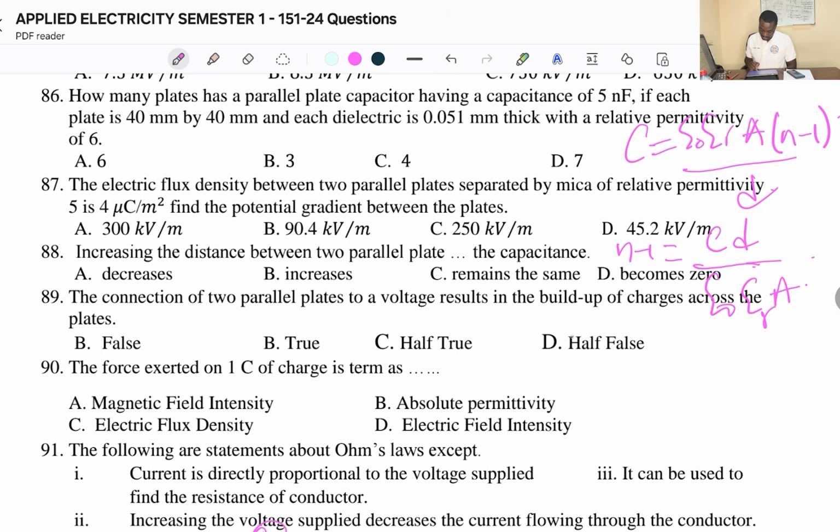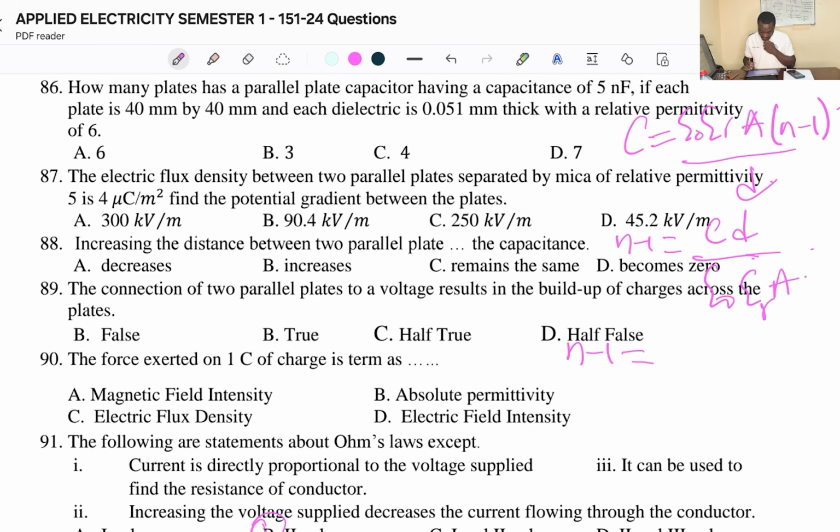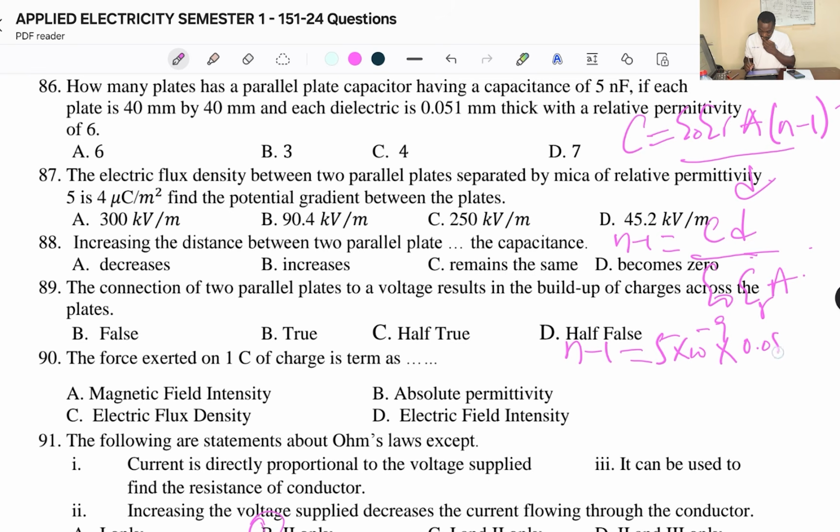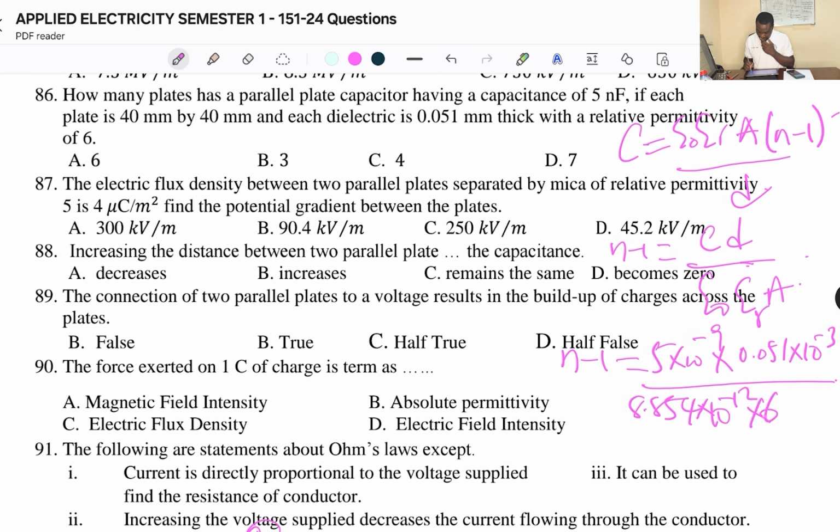So n minus 1 will be equal to the capacitance, which is given, 5 nano, 5 times 10 to the power minus 9, times the distance between the plates, 0.051 times 10 to the power minus 3, over permittivity of free space 8.854 times 10 to the power minus 12, times relative permittivity, which is also given as 6, times the what?